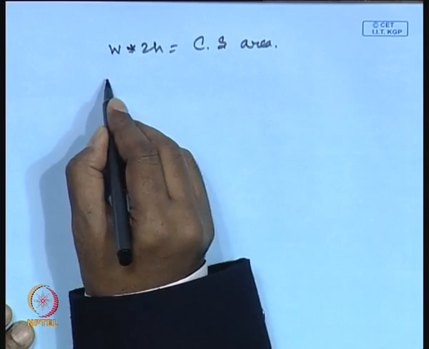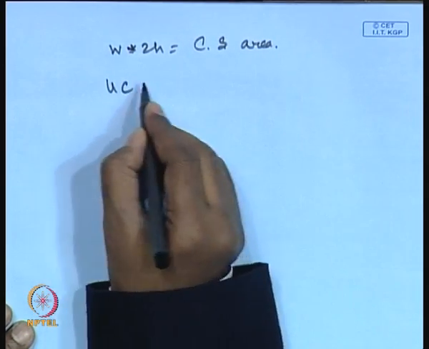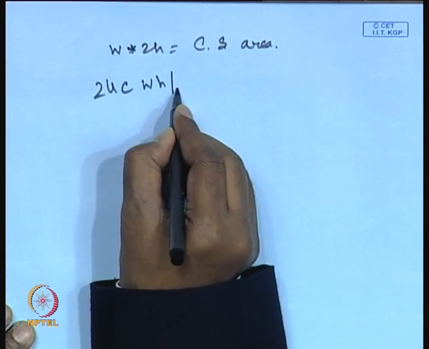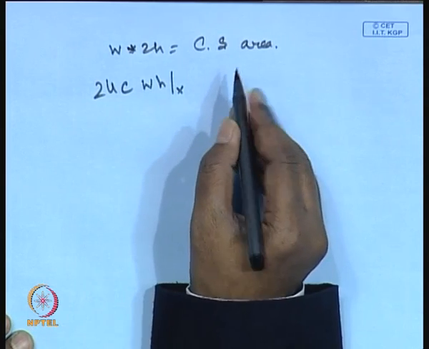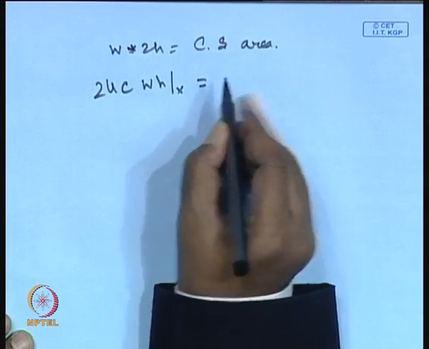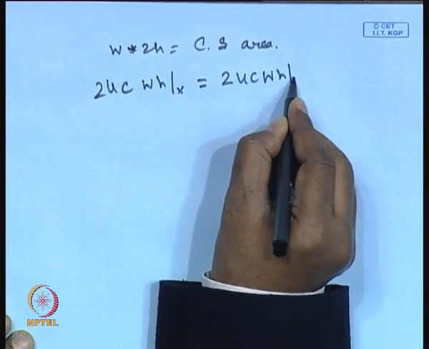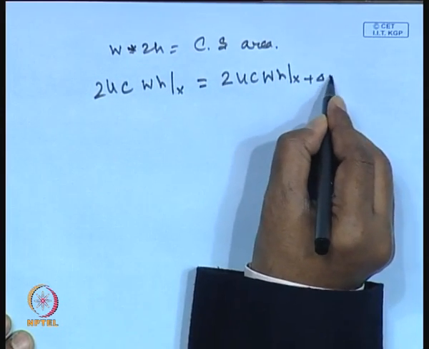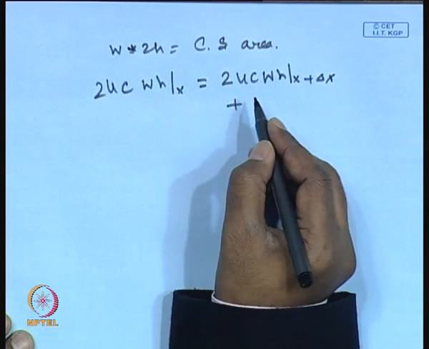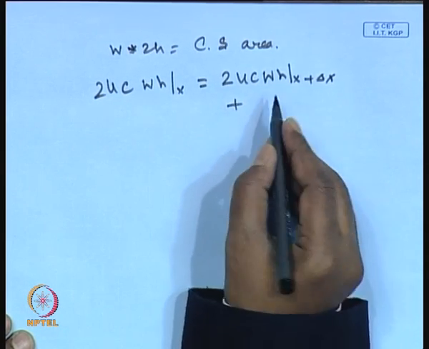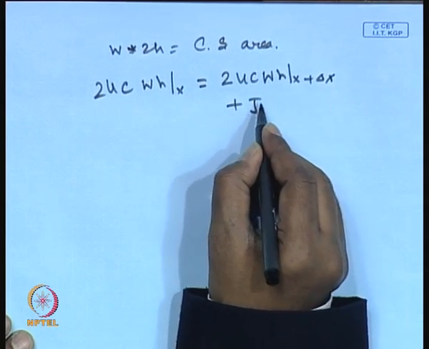So, u C times 2 W H, that is at x, in is equal to out, and what is out? u C 2 W H at x plus delta x plus the material that is going out with the permeate. Okay. J times meter cube per meter square second.